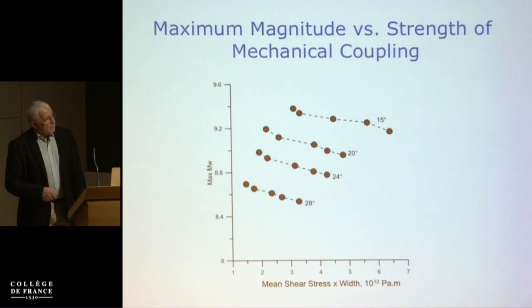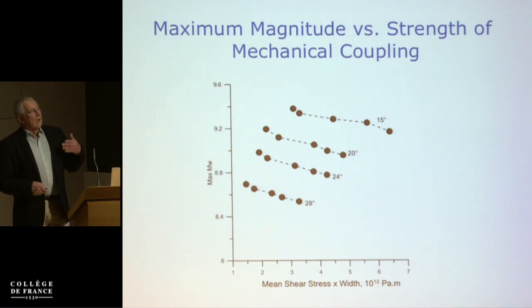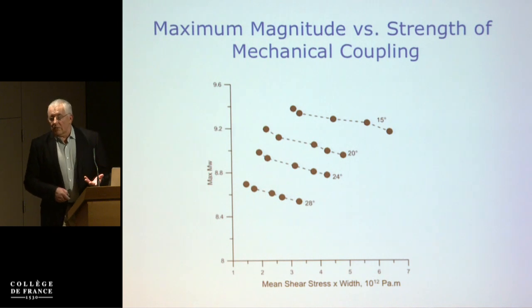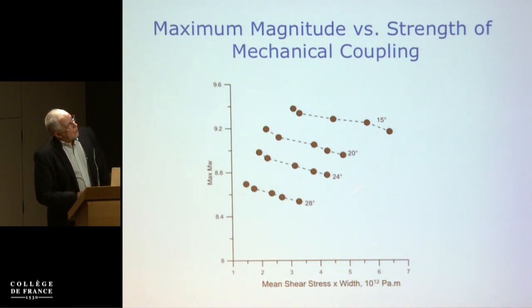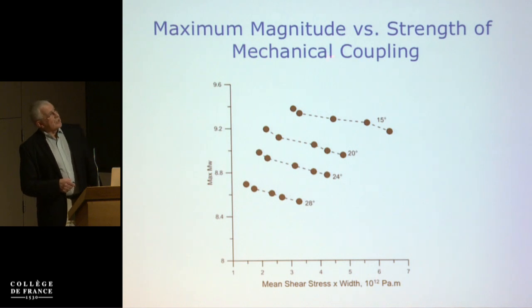Now we can look at what Raff and Kanamori wanted to look at. This is mean shear stress multiplied by width of rupture zone. And this is the maximum magnitude suggested by our model. You see all the points for different geometries here. Here is West Pacific. Here is East Pacific.